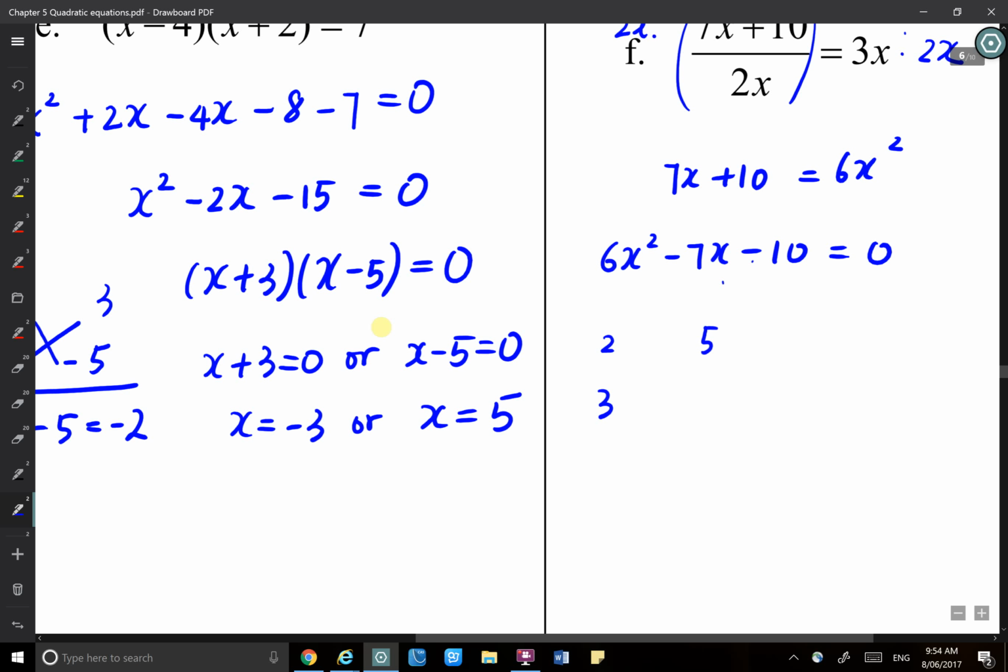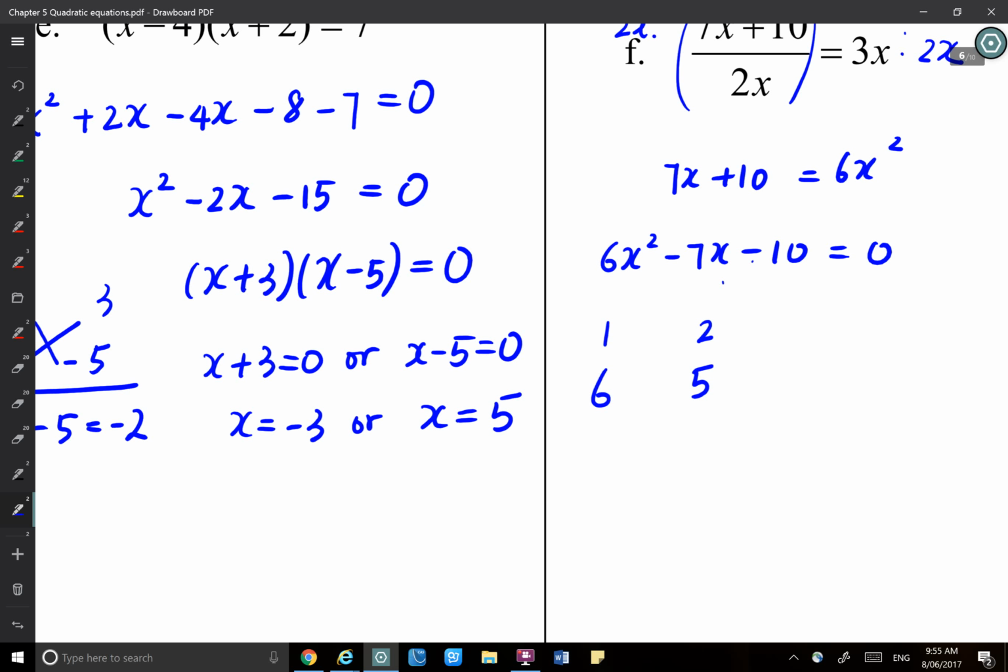If I change that to 5 over 2, 15 and 4 is not going to give me that. Well, 1 and 10 will not work. So let's try 1 and 6, whether it works or not. Let's say 2 and 5 here. Don't forget there's another possibility. Most likely it will be 2 and 3, but if it's not, then I will go 1 and 6. I still need trial and error here.